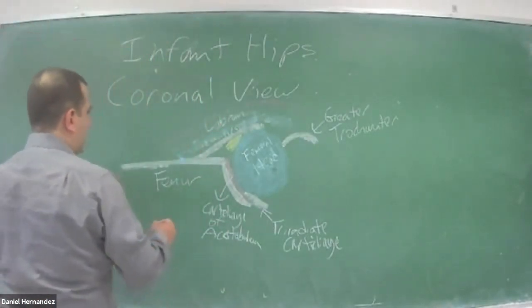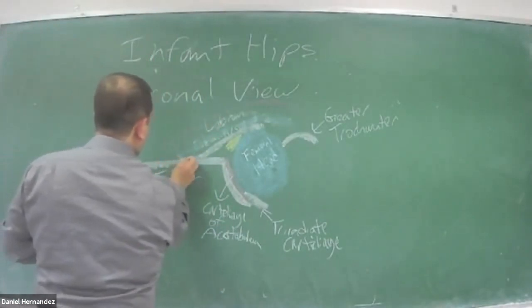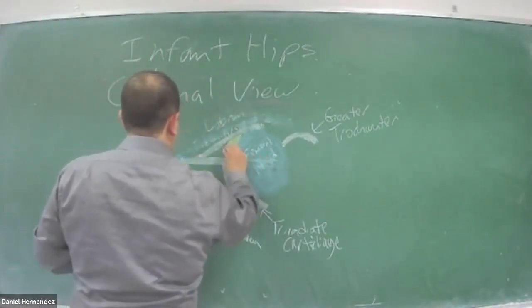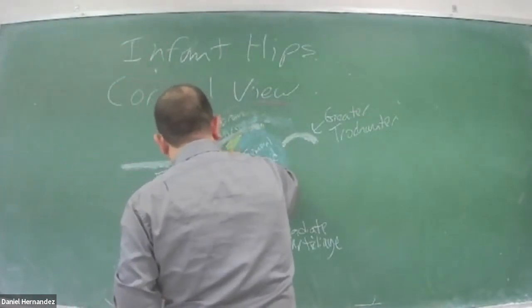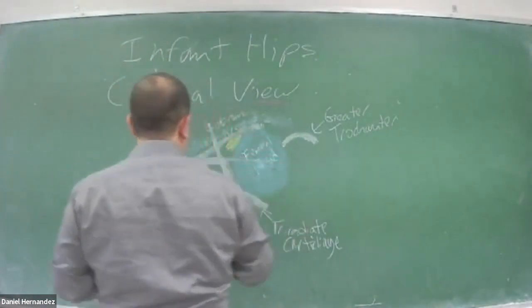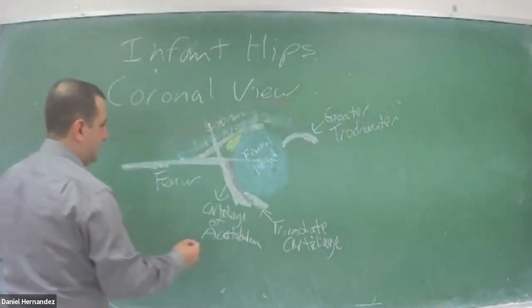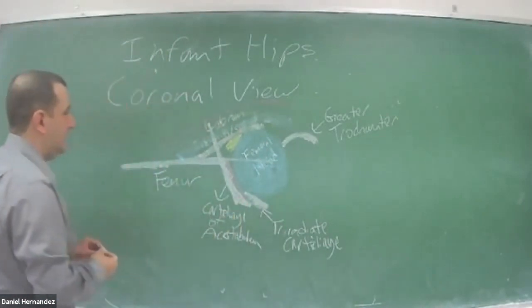And then we're going to measure angles. The machine is set up for us to measure an angle, and then we measure an angle along here for the acetabulum to see how that femoral head sits within the pelvis.